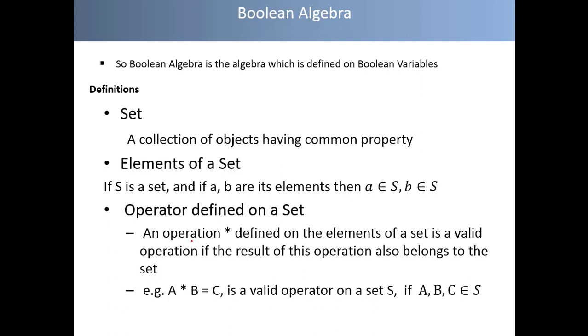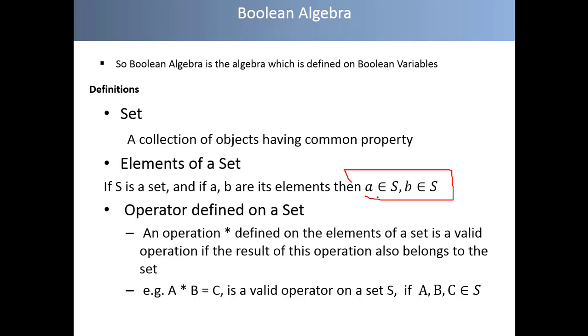Then we discussed set. Set is a collection of objects having common properties, and element of set. If a and b are the elements of set S, then we write a belongs to S and b belongs to S. This epsilon symbol denotes belongs to.